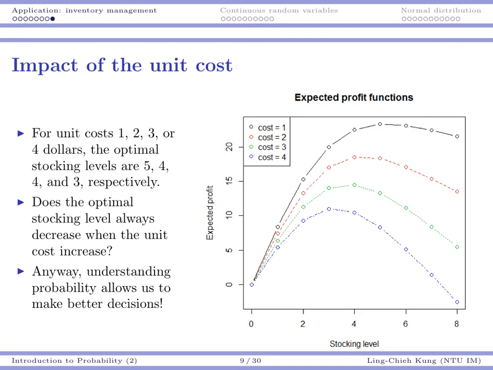Okay, and then easily we can see if cost is $1, this is the optimal order quantity. If the costs are $2 or $3, then the optimal quantity is 4. Or at the end, if the cost is $4, then the optimal level is here.